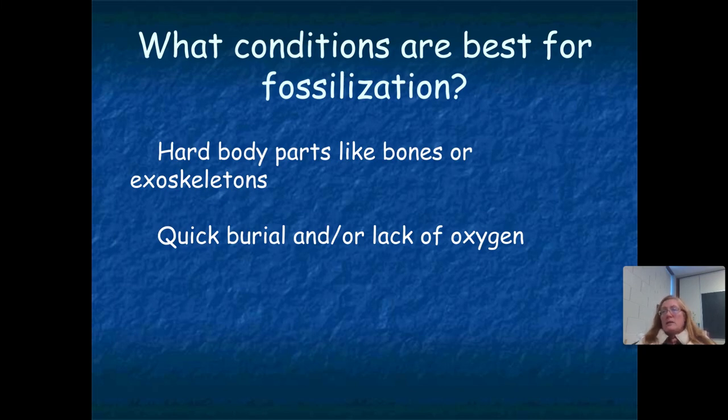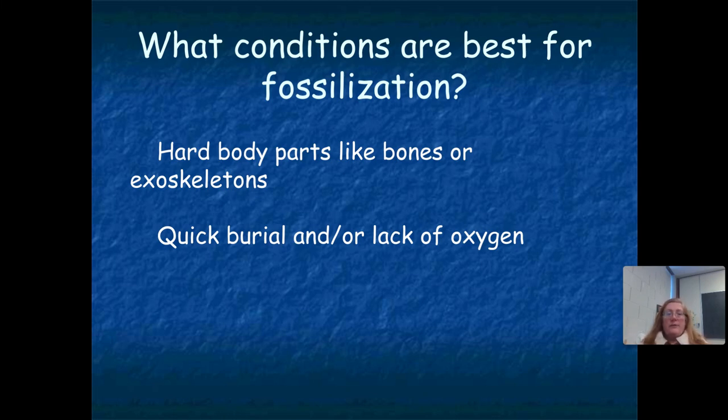Okay. What are the two conditions that result in fossils? We need to have hard body parts like bones or exoskeletons. So we have bones, insects, shellfish, and some types of plants have harder exoskeletons. And we need a quick burial or a lack of oxygen.